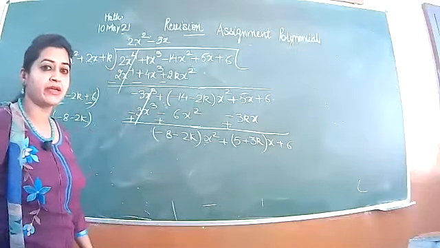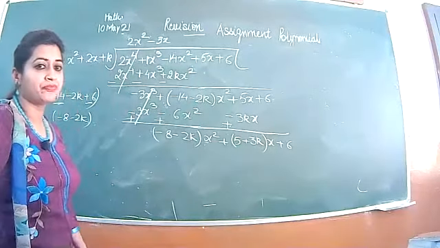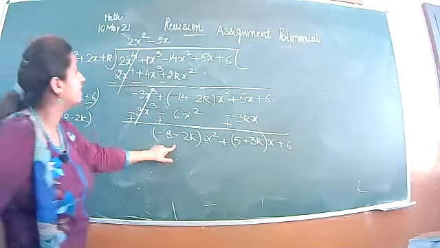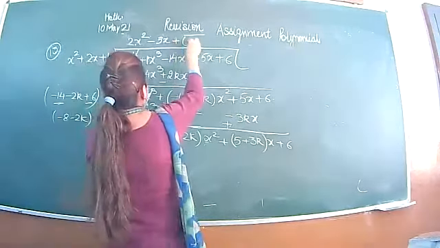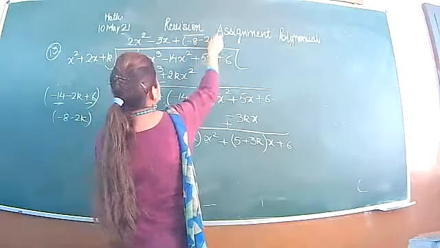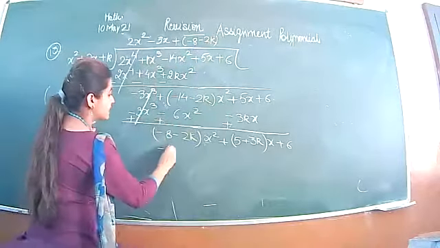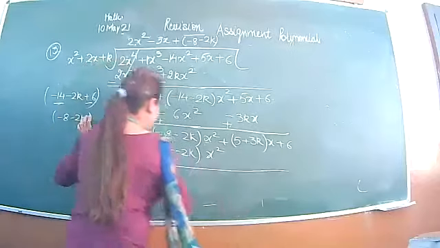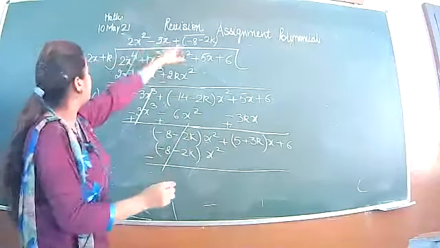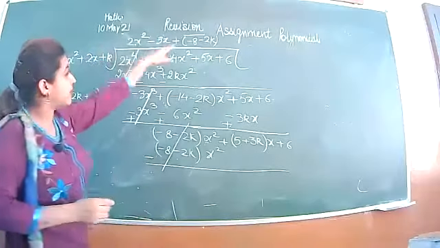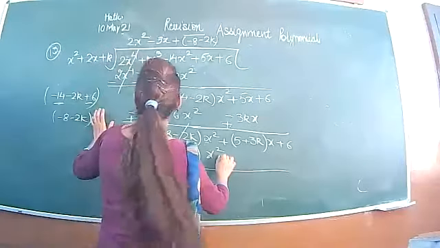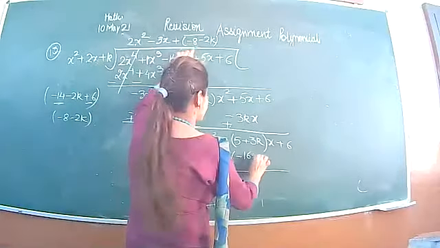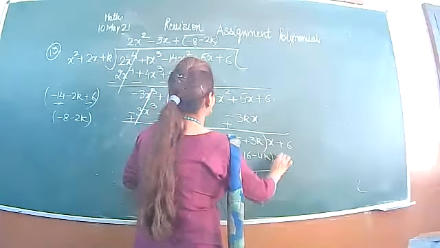Is it okay? Any problem? Now x square will be multiplied with the same term to get the exact, see, minus 8 minus 2k. When you multiply this, minus 8 minus 2k x square, sign change cancel. Second term, when you multiply them, you will write here plus, outside you have plus, minus 16 minus 4k x.